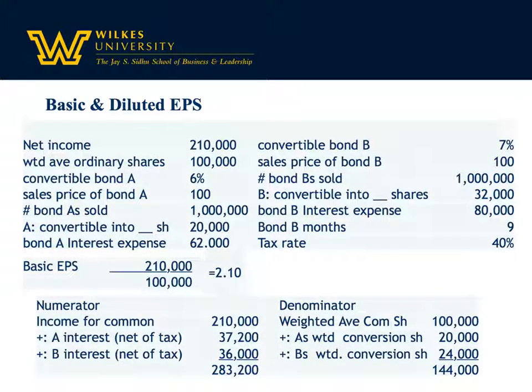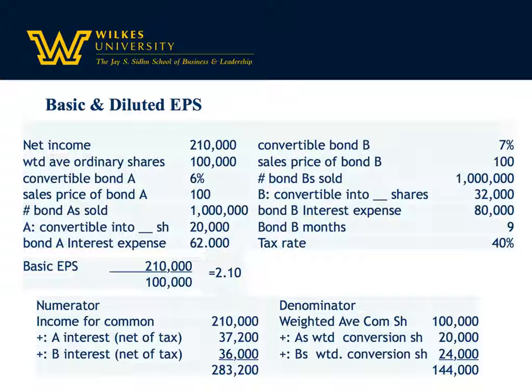We take our income for common, which was the $100,000 that we started with. We take the interest expense net of tax for bond A, and the interest expense net of tax for bond B, and we've got a new numerator. This would be the income available for the common shareholders.